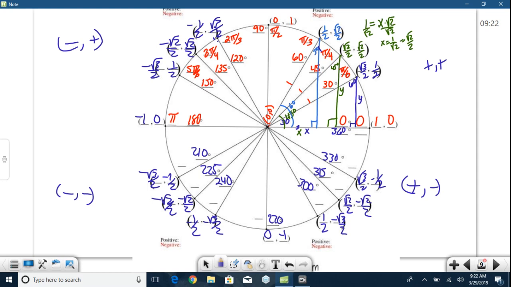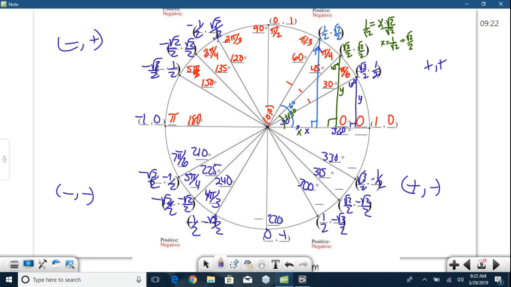Let's fill in our radians at 210. Not so quick with this one. 7 pi over 6. Next. This one's 5 pi over 4. Next. 4 pi over 3.